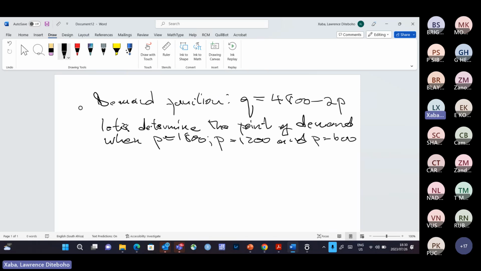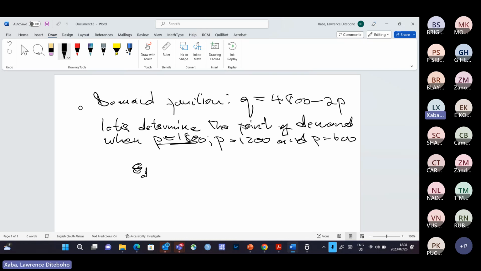So what we're supposed to do here is to find the price elasticity of demand. We're given various prices, and we'll start with the first one. The first one is P equals 1,800. The formula actually is not given to us; you're supposed to know it.